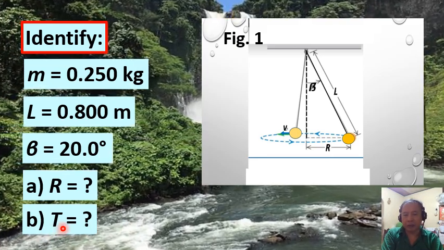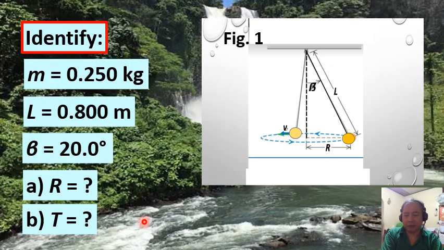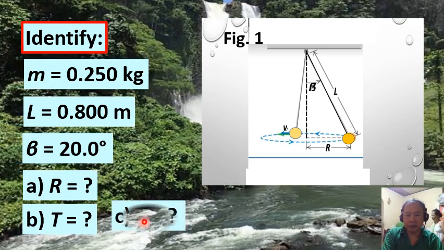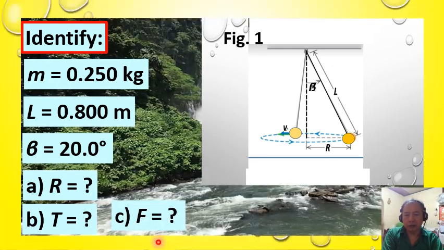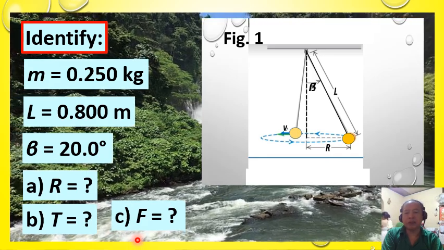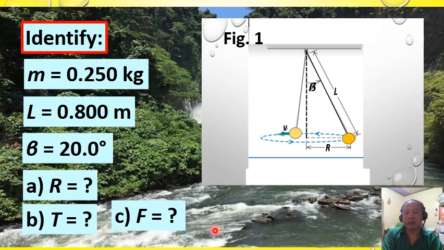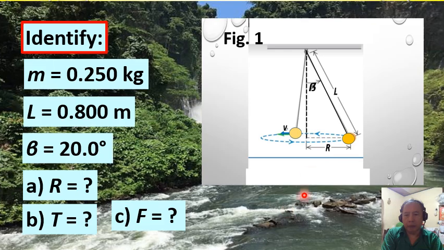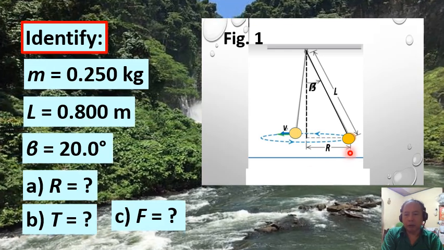So it's denoted by capital T. And in part C, the tension force, denoted by capital F, exerted by the wire on the bulb.